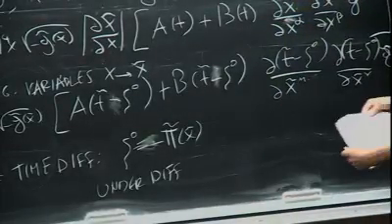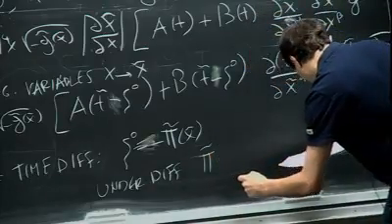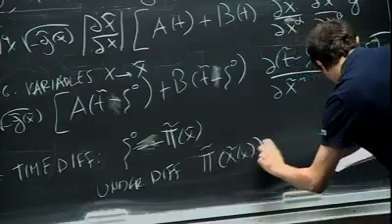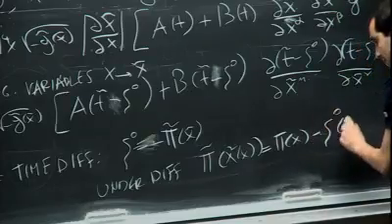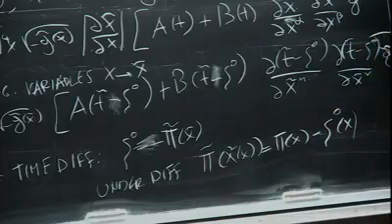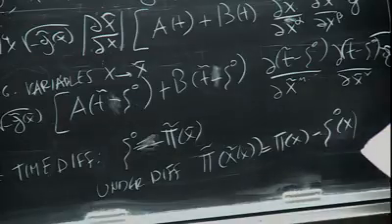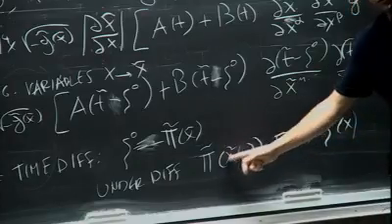I declare that under diffs pi tilde, pi transforms in pi tilde of x tilde of x, which is pi of x minus c0 of x. You can see that this transformation is nonlinear. Again, 0 is not mapped into 0 and is quite nonlinear because there is a pi also inside the change of coordinates.